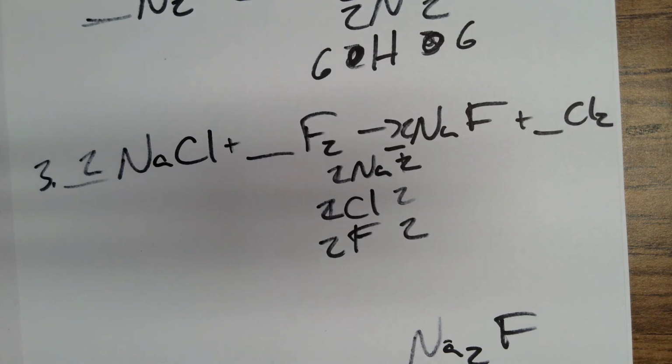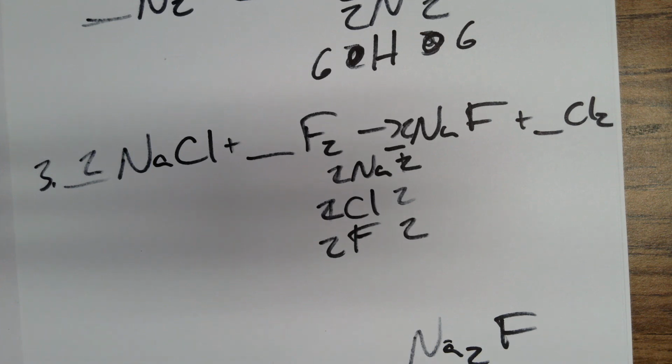I don't change my molecule. I just add that I need more molecules for this to be balanced. That's all I'm aiming for. The coefficient tells me I need 2 sodium chloride molecules to react with 1 molecule of fluorine gas to form 2 molecules, guys, 2 molecules of sodium fluoride plus 1 molecule of chlorine gas.